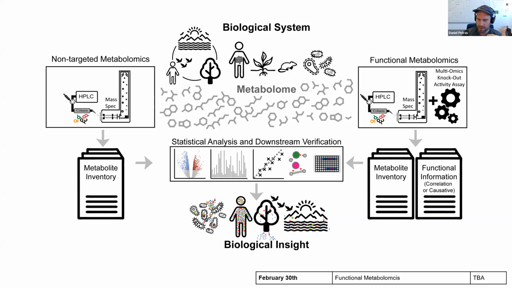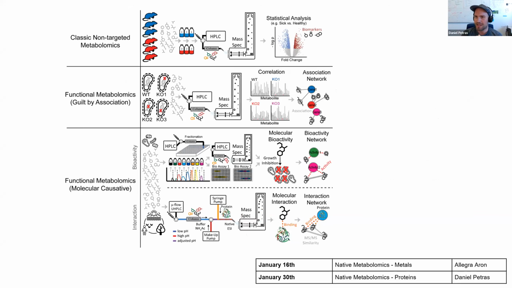There's been a lot of guilt-by-association and correlation-based approaches where people use genome-wide knockout libraries to systematically assess the connection between genes and metabolites. But we also want to go beyond that and directly measure biophysical interactions or activity relations to distinct metabolites.